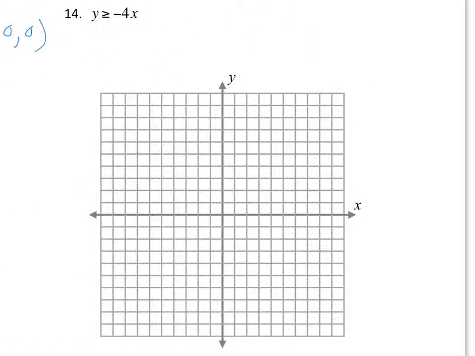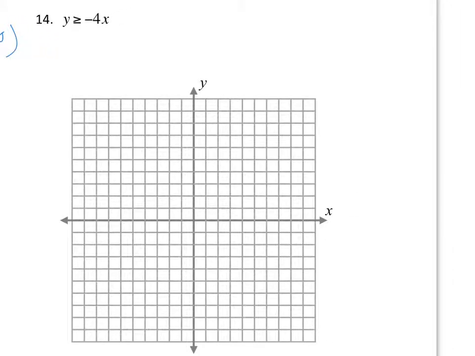14. A couple of issues when you're graphing this line. It kind of looks different because there's nothing out here. If there's nothing out here, we can put a +0. That makes you feel better.